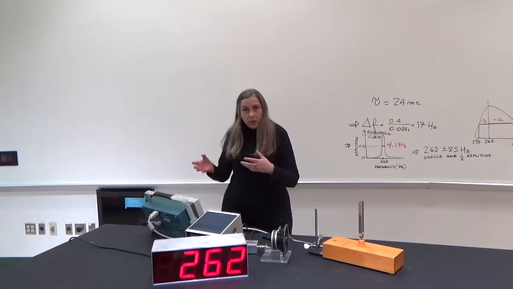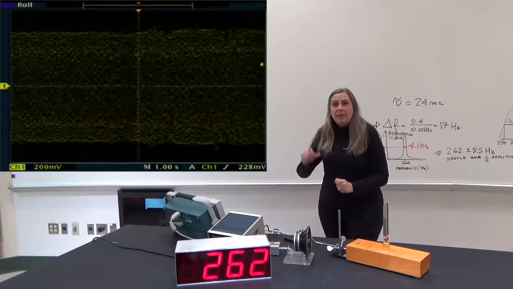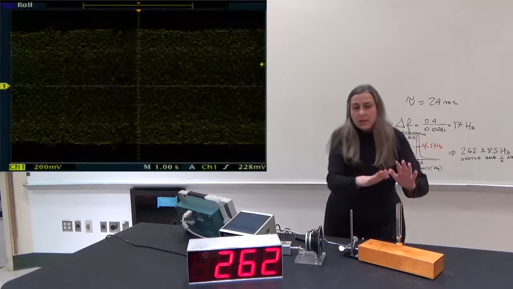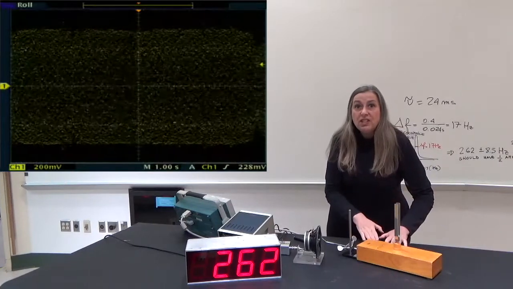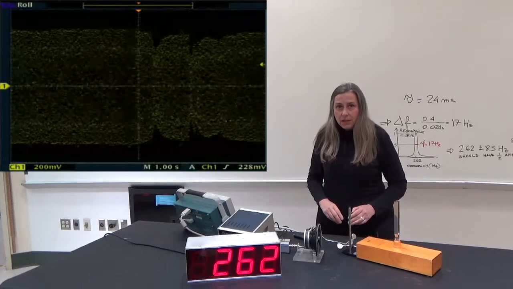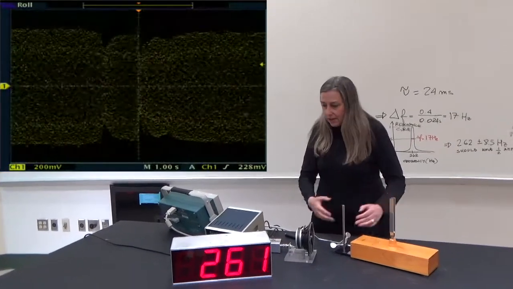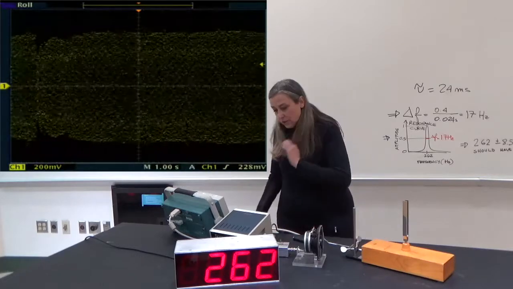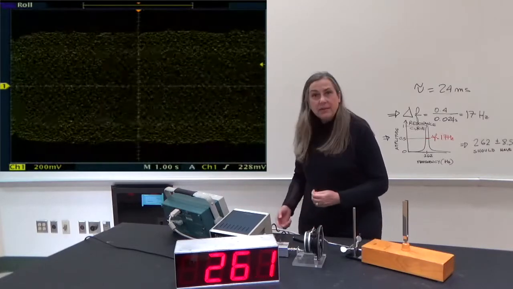So I'm showing on the oscilloscope that the amplitude is maximum at the resonance frequency of this tuning fork, of this box under the tuning fork. I have a microphone inside the box that's showing this large resonance. And the oscilloscope is picking up the signal.